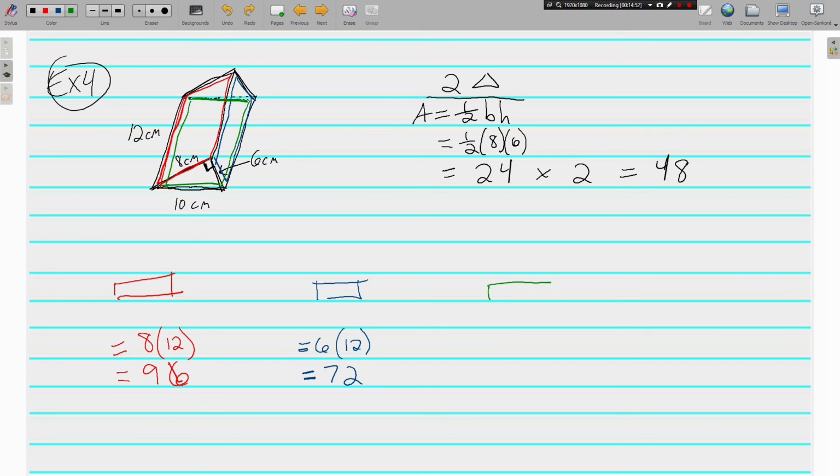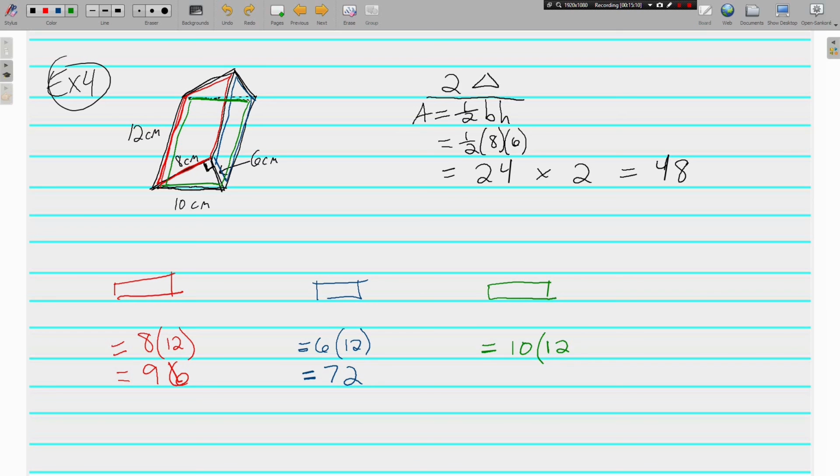Really the height of the prism, the 12, that number is getting multiplied by each of the side lengths of the triangle. 10 by 12.